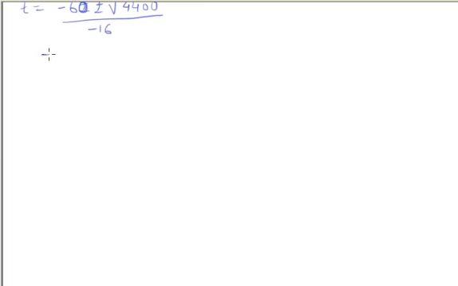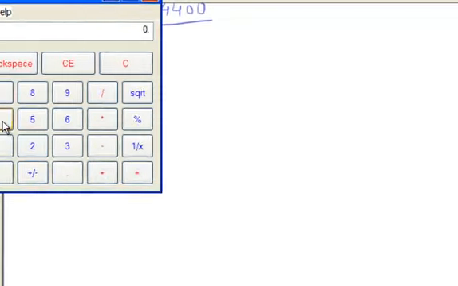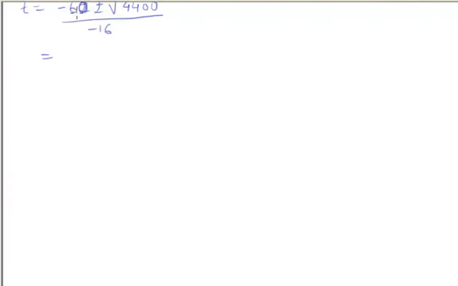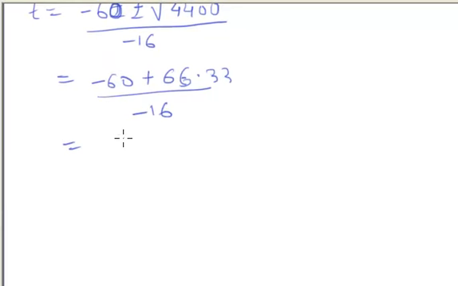So if I calculate this value, the square root of 4400 is 66.33. So it's minus 60 plus minus 66.33 over minus 16. You have plus minus both, so you have two values.